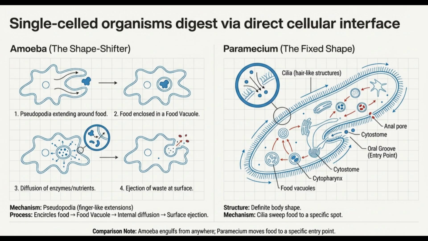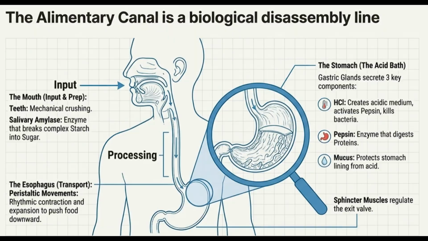It uses its pseudopodia, finger-like projections, to engulf food, forming a food vacuole like a little stomach inside. The food is digested by enzymes and nutrients are absorbed. Paramecium. Paramecium has a fixed shape and uses its cilia, hair-like structures, to sweep food into its oral groove, mouth. It engulfs food into a food vacuole and digests it there.